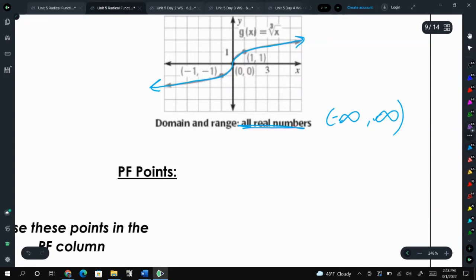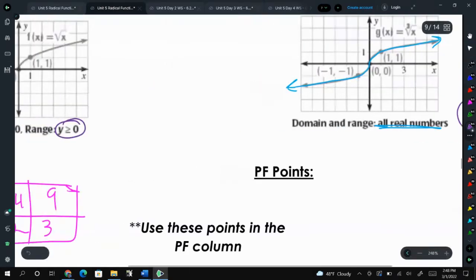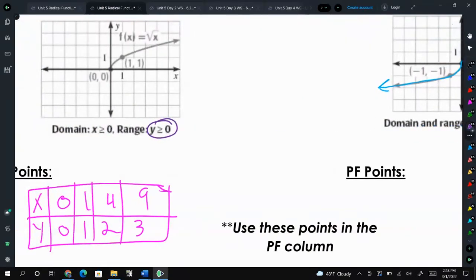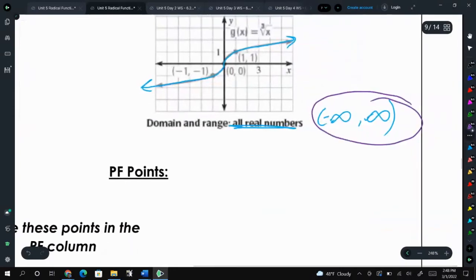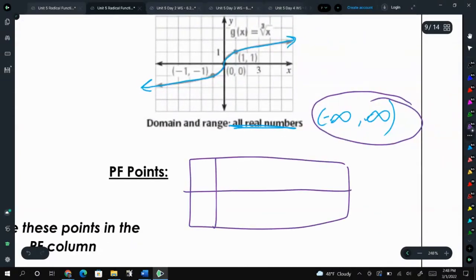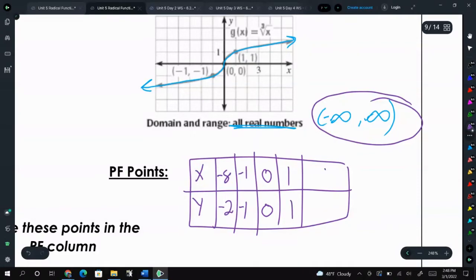The only difference, or only two differences, is one, the domain and range. The domain and range of cube root will always be -infinity, infinity, whereas square roots changed based off of your h and k value. But the table is also different. The table that we're always going to use is -8, -2, -1, -1, 0, 0, 1, 1, and 8, 2.